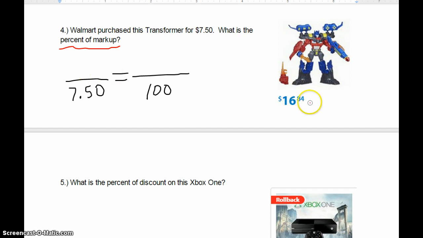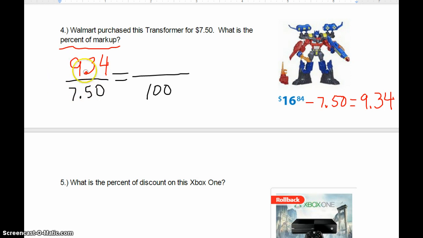So to find that, to find how much they added, we can just subtract $16.84 minus $7.50, and that means they added $9.34 to the price. So $9.34, they added more than 100% to the price.